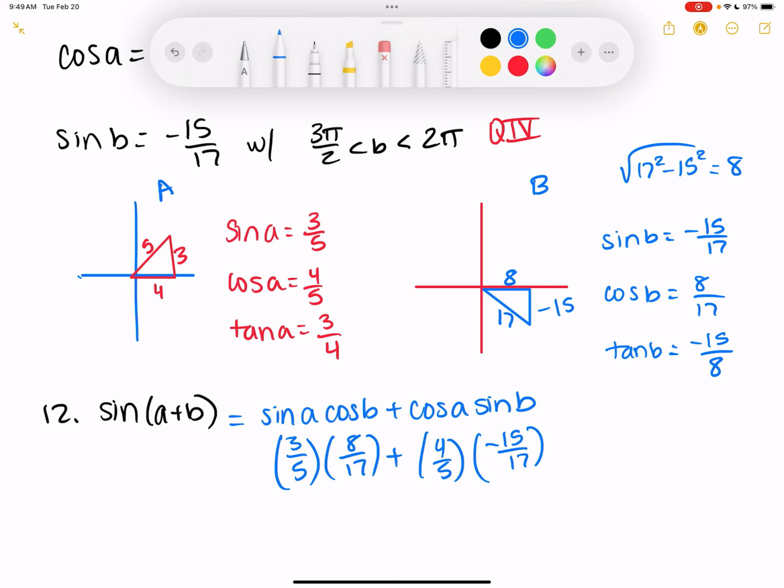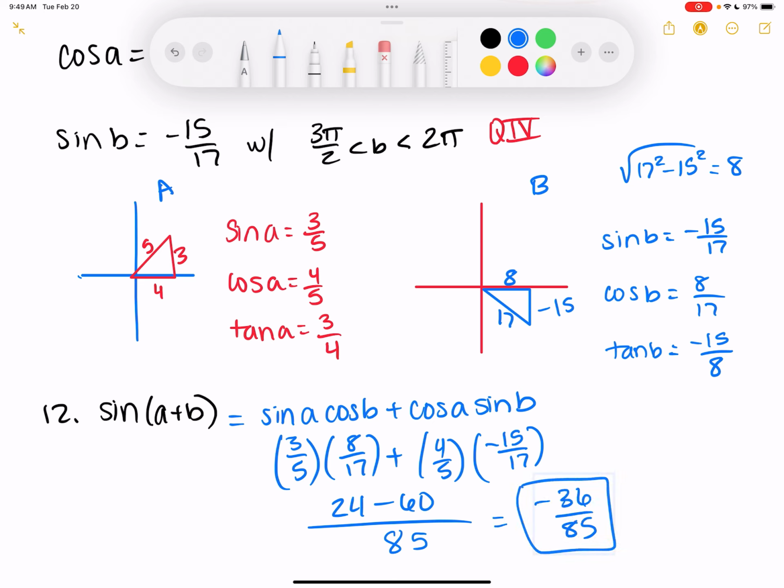So we've got 24 plus, or I guess it's minus, 60 over 85. So that would be negative 36 over 85. So once you set up your triangles, it's not too bad.